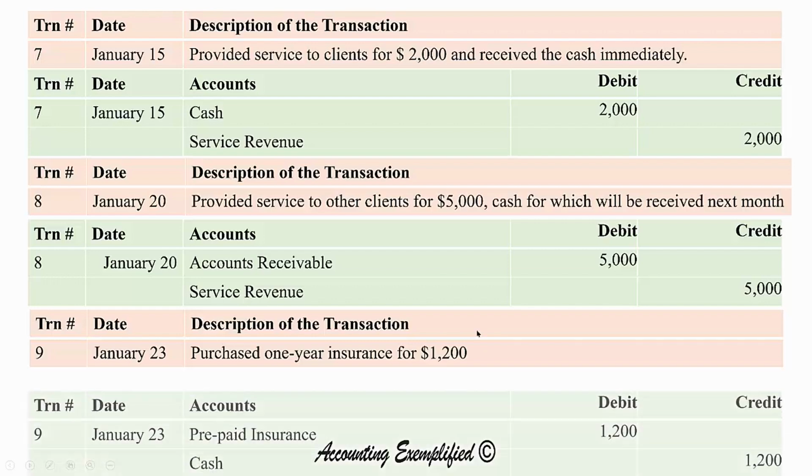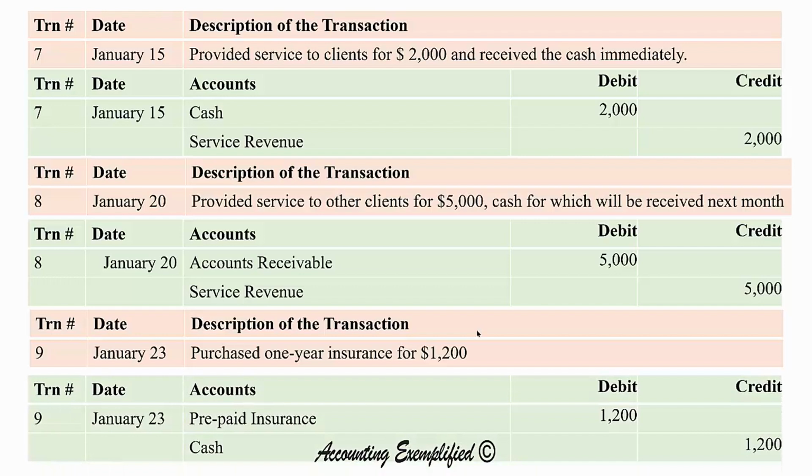So here we debit prepaid insurance, $1,200, and credit cash, $1,200. This prepaid insurance is an asset. Why is this an asset? Because this prepaid insurance is going to provide coverage, insurance protection for the company for the next 1 year.